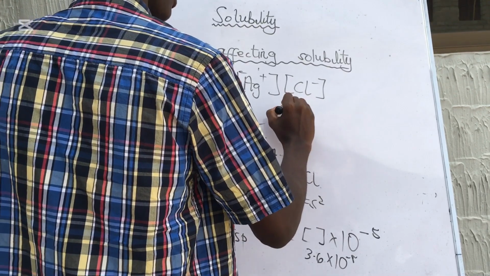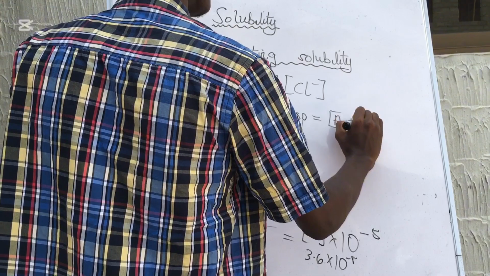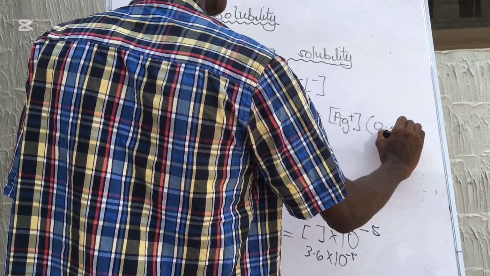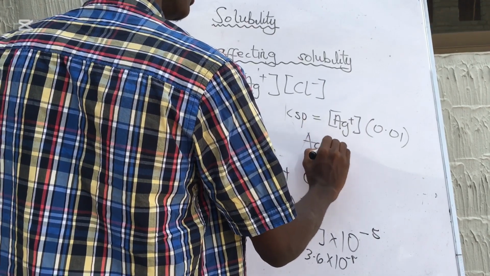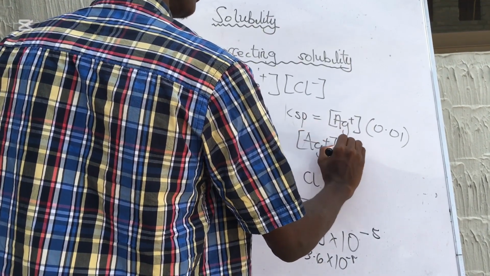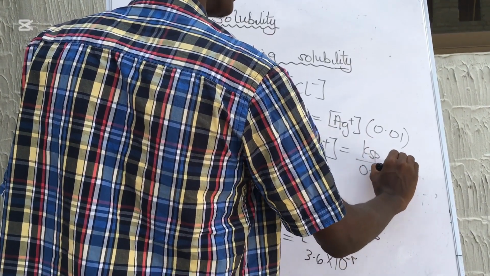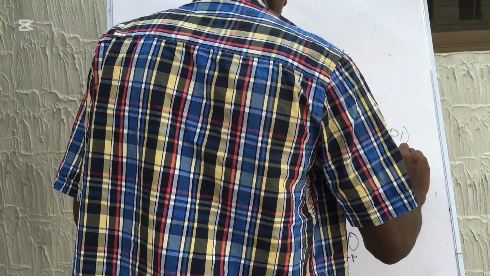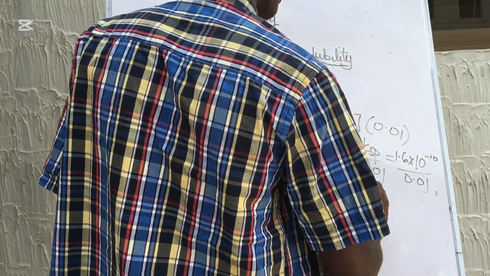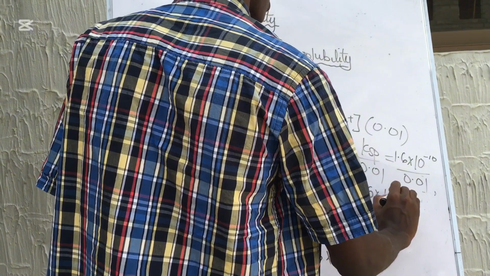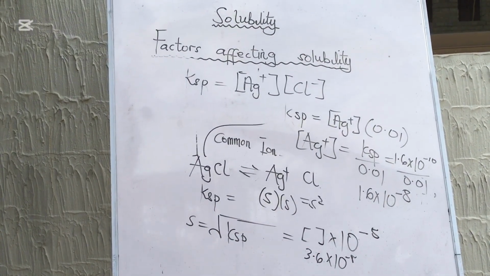Then our KSP will be equal to the solubility of Ag plus times 0.01. So now we can find the solubility of this Ag. Its solubility will be equal to your KSP, 1.6 times 10 to the power negative 10, divided by 0.01, and it will give you 1.6 times 10 raised to the power negative 8, if my calculations are right.